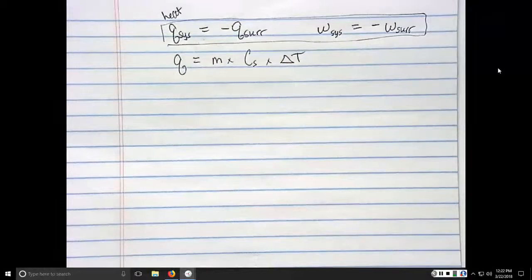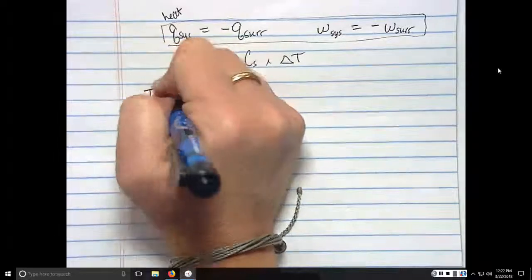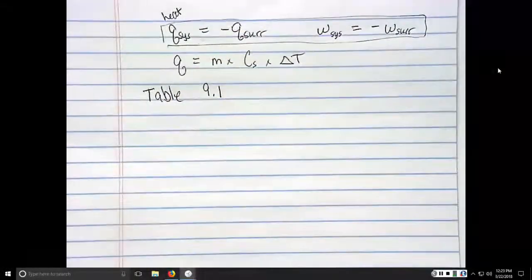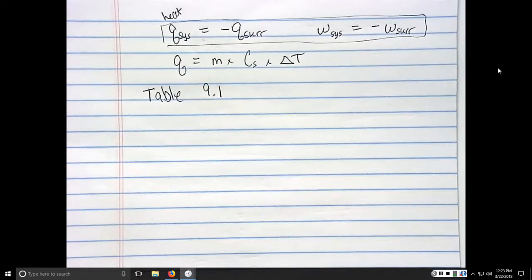Okay, at the top of page 373, there is table 9.1. This table is your new best friend for this part of the chapter. And the reason for that is the words used in these problems are going to tell you if your Qs and Ws need to be positive or negative.